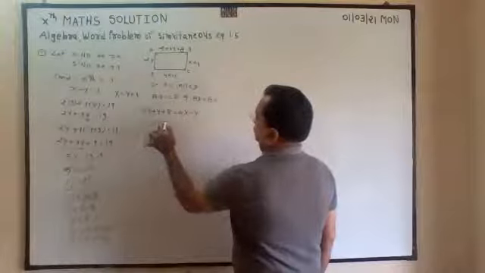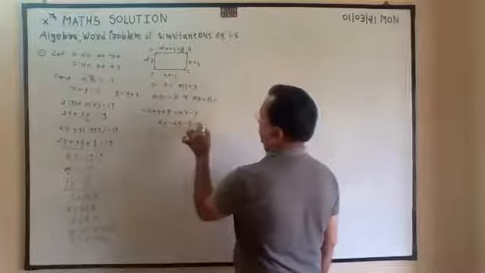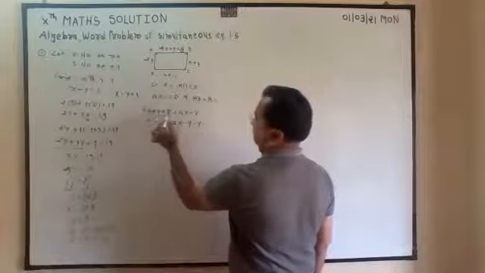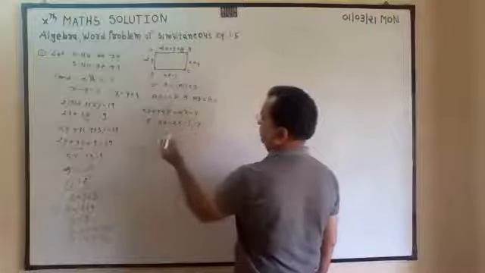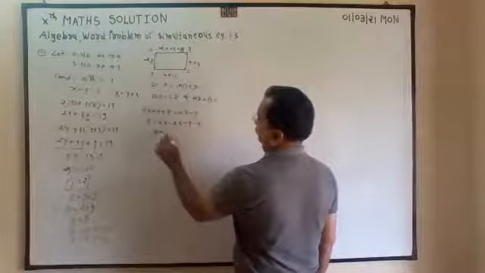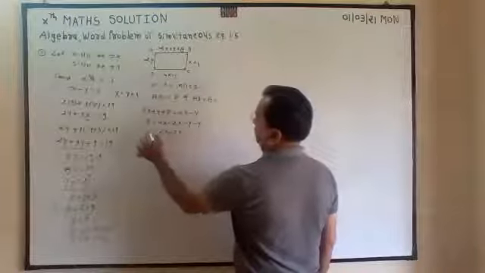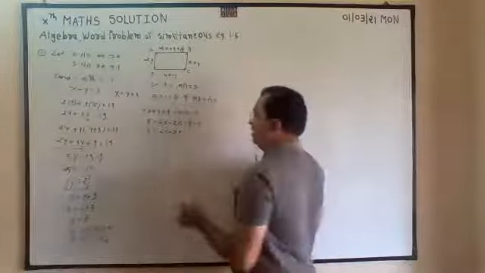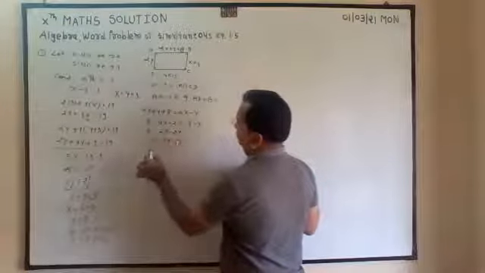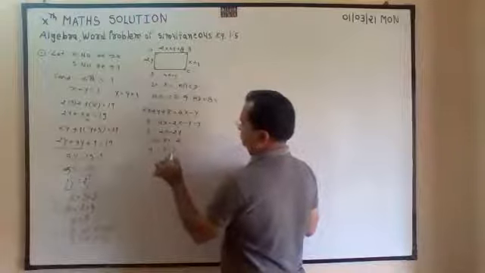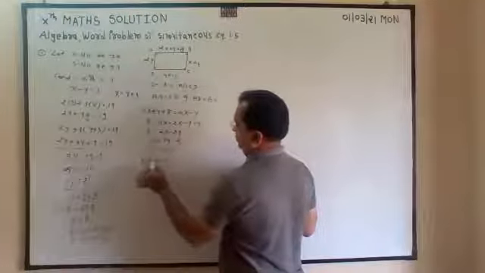So 4x minus 2x minus y, 8 only this side. 8 here, 2x goes this side, so minus, y goes this side, so minus. So 2x minus 2y is equal to 8. Divide by 2, you will get 4 is equal to x minus y. This comes this side, so x is equal to 4 plus y.